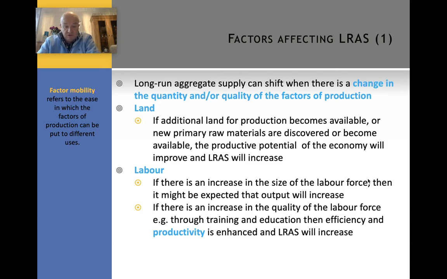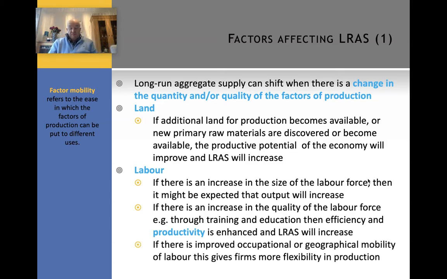Another way in which you could look at it is if we improve the quality of the labour through education and training, that's going to mean that efficiency and productivity should be improved. So effectively our cost of production should fall, certainly in terms of the unit cost anyway, and that should allow long run aggregate supply to increase.